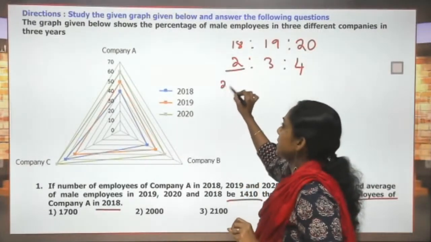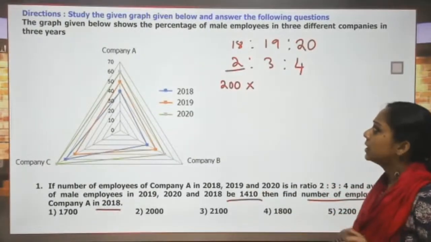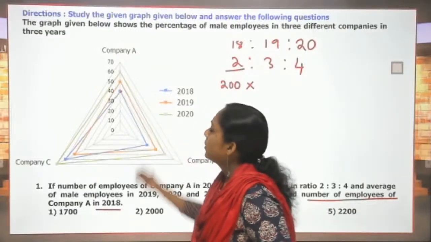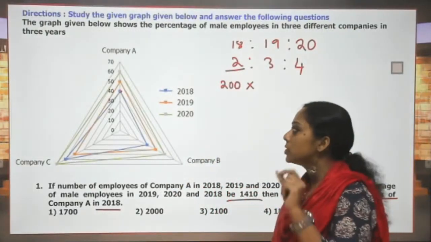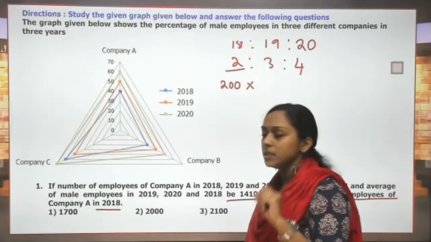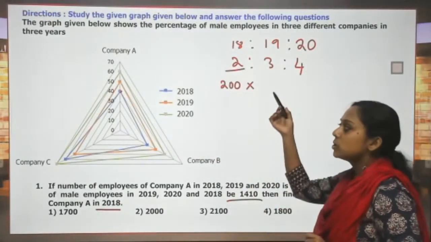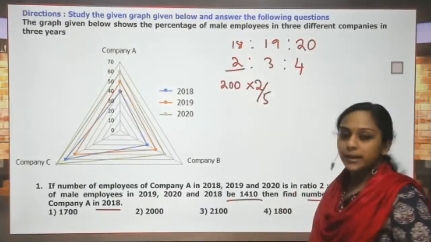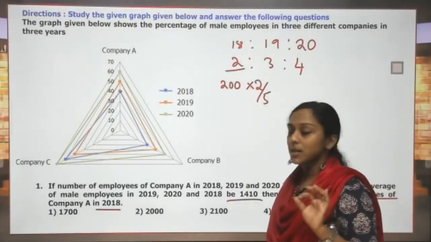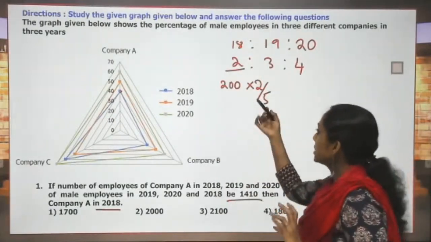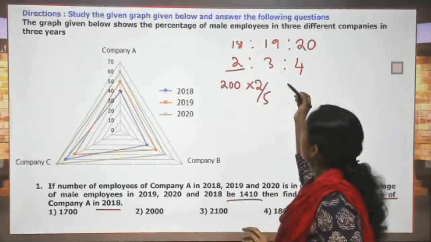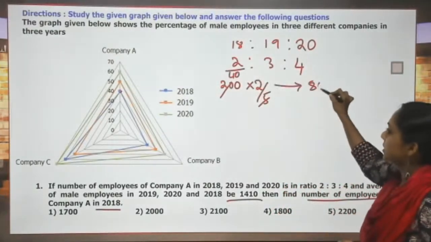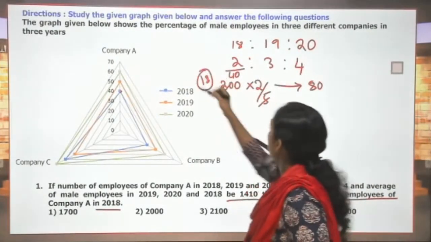If the total employees is 200, then for 2018, the blue line, that is 40%. 40% of the total employees of company A in 2018 are males. Here 40% means 2/5, so 200 into 2/5 is the number of males in company A during 2018. That will be 80.